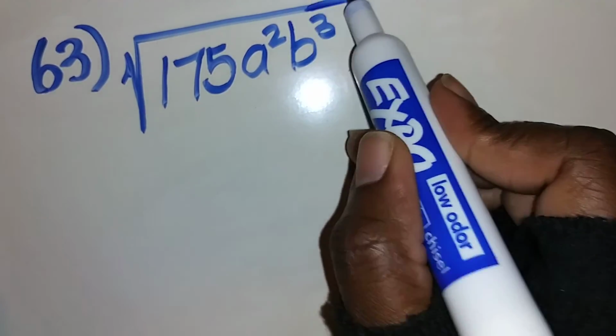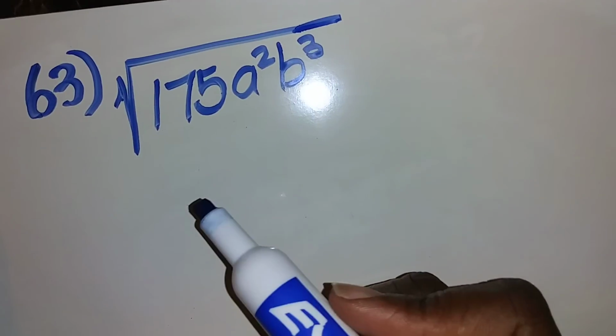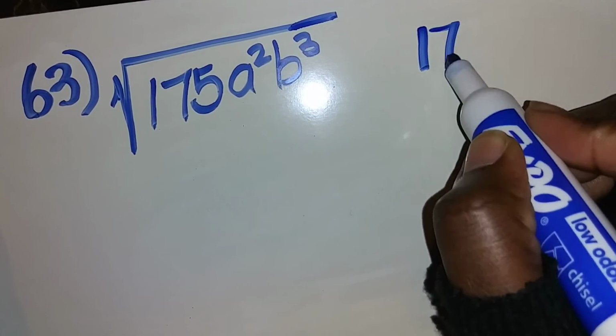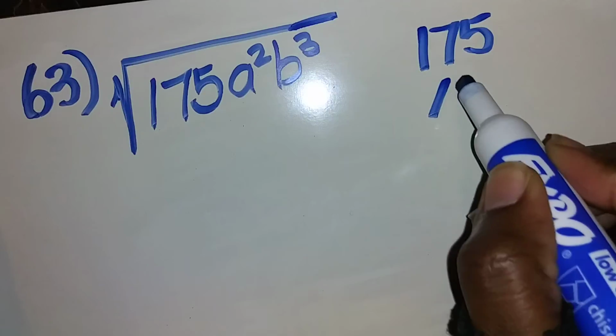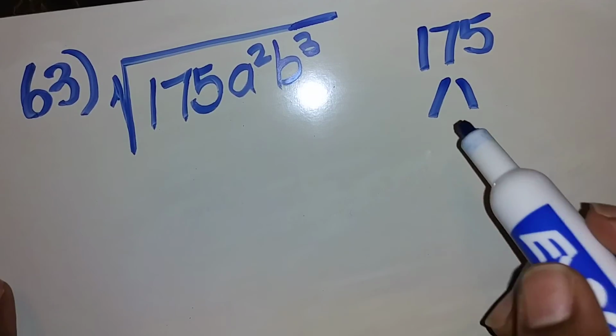Okay? So right here, I want to break down 175. Well, I know it's divisible by 5. So when you're doing these, definitely look up your divisibility rules, because that helps a lot.